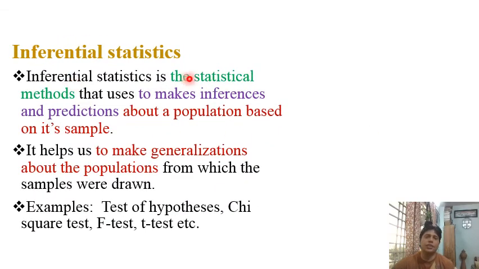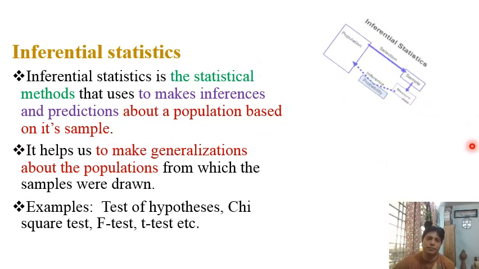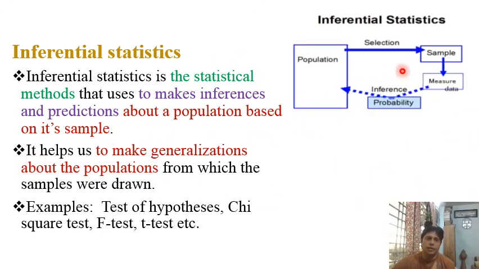What is inferential statistics? Inferential statistics is another method of statistics that is used to make inferences and predictions about a population based on its sample. It helps us to make generalizations about the population from which the samples were drawn.